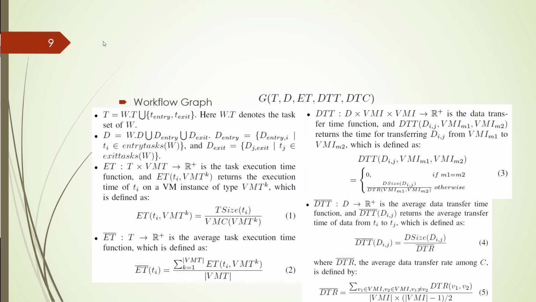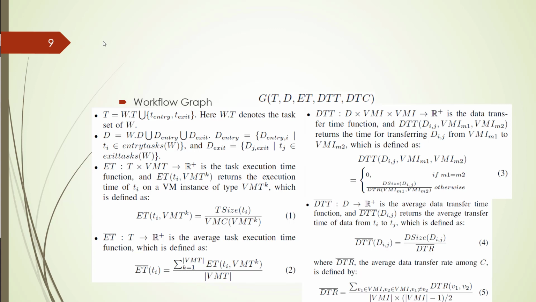It is equal to 0 if M1 and M2 are equal, which means we are transferring the data within the same virtual machine. If it is not the same virtual machine, it is the size of D_ij divided by the data transfer rate between the virtual machine instances.